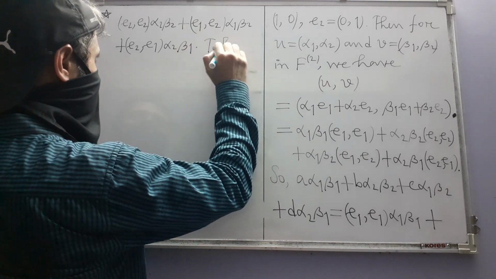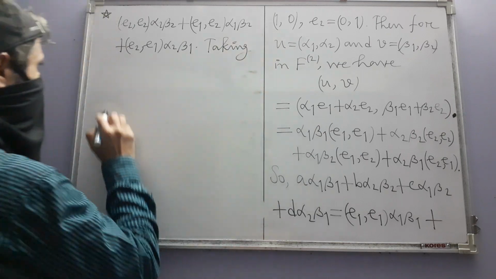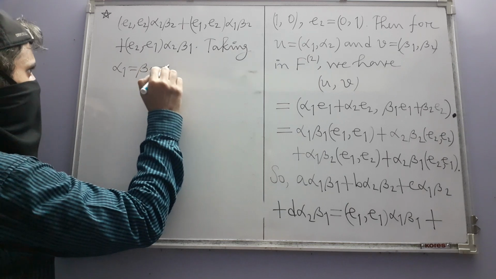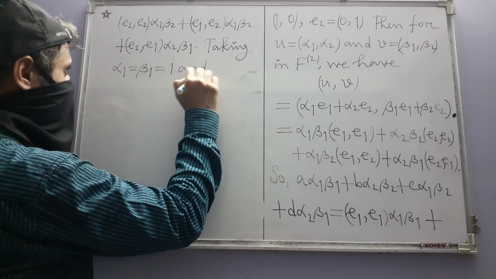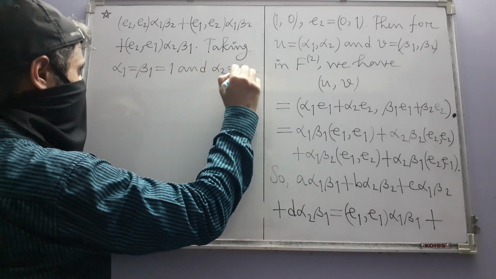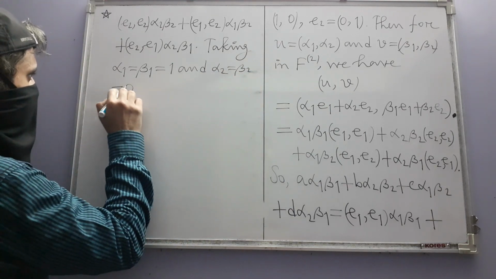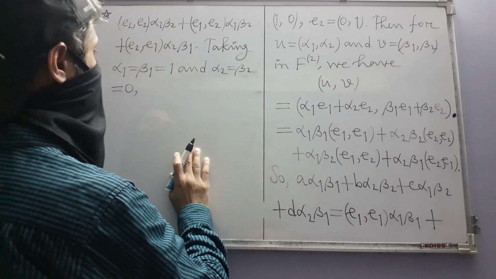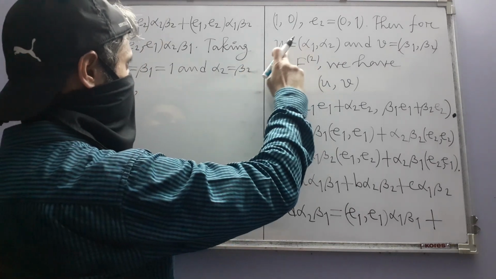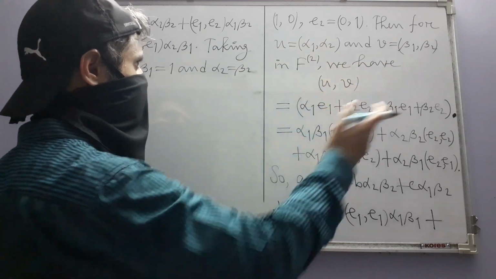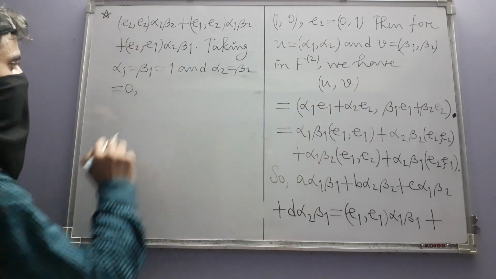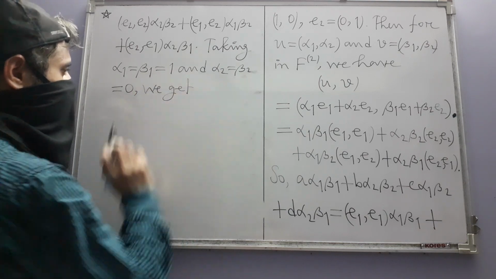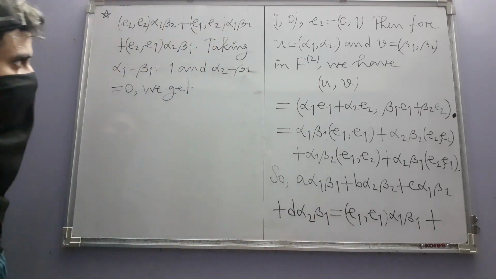Taking alpha 1 equal to beta 1 equal to 1 and alpha 2 equal to beta 2 equal to 0, we can do that. That means considering u is (1, 1) and v is (0, 0). For these two vectors, we get what from this equation?